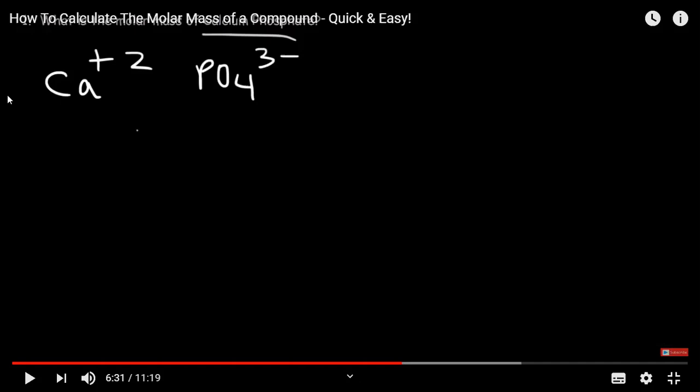If you know that calcium is divalent and phosphate group trivalent, so what is the molecular formula of this compound, calcium phosphate? Who can answer me? What is the chemical formula of calcium phosphate?